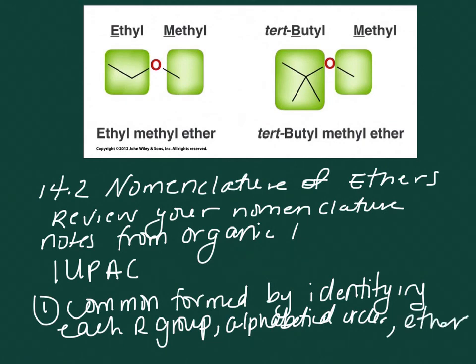So if you look at the two examples above, we have the ethyl group and the methyl group. So the name would be ethyl methyl ether. Here we have a methyl group and a tert-butyl group, and you're going to alphabetize according to the butyl. So we have tert-butyl methyl ether.